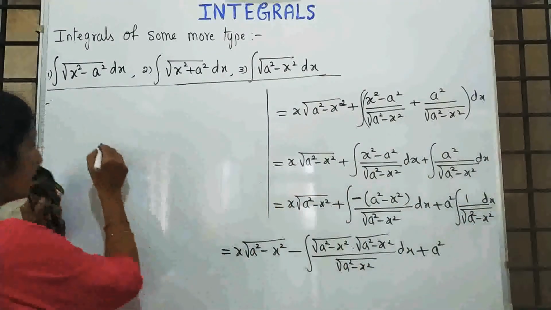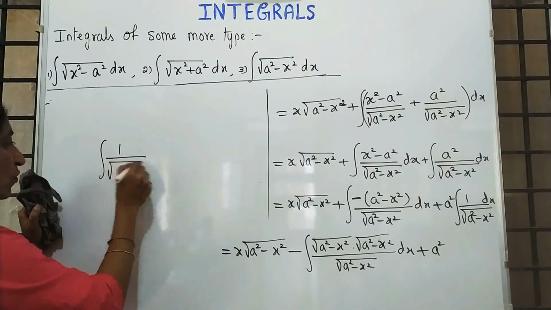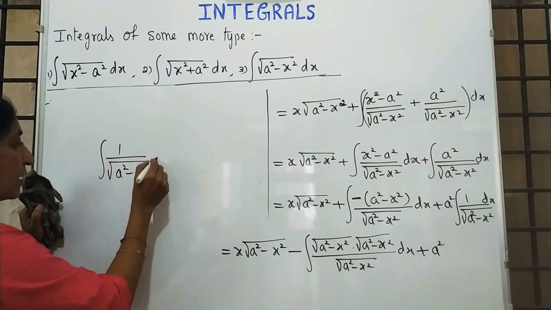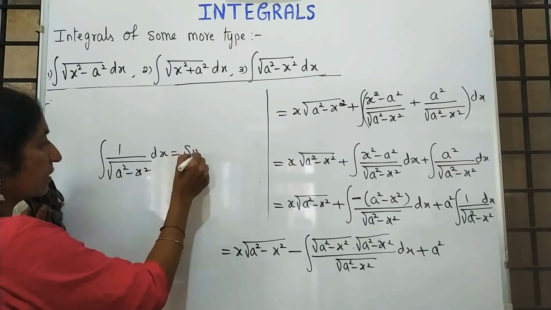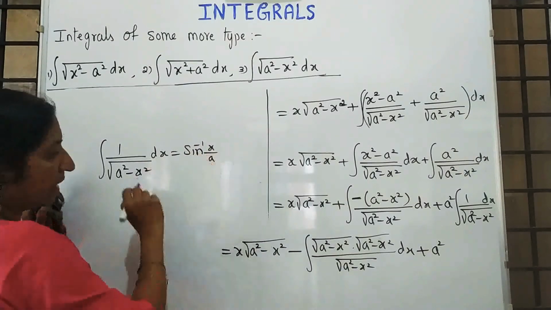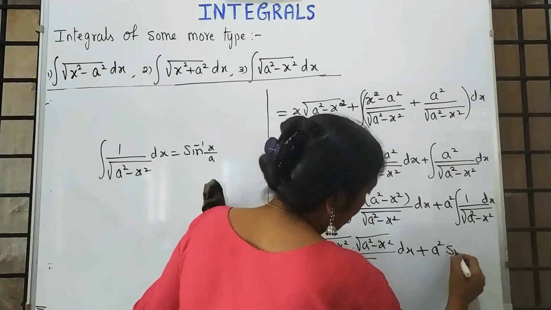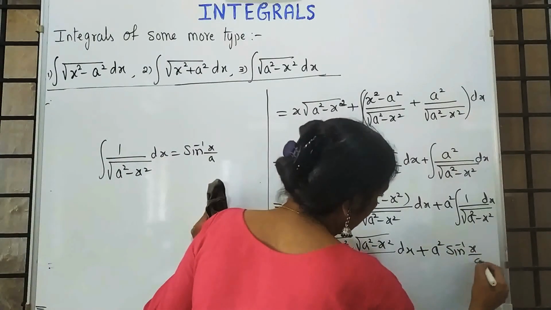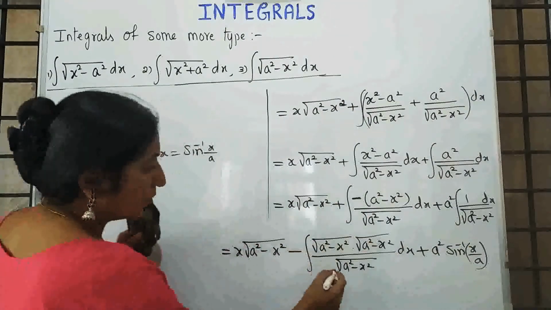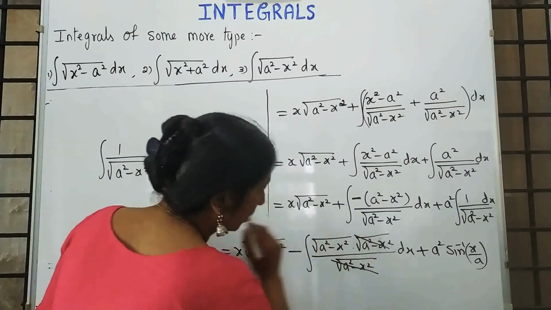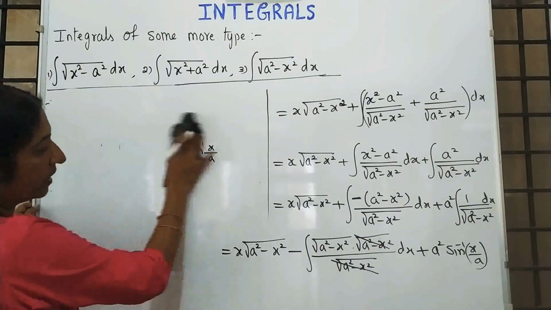See, have you remembered this formula? 1 upon root of a square minus x square is what? It is sine inverse of x by a. So this is sine inverse of x upon a. Now this root of a square minus x square, root of a square minus x square get cancelled.